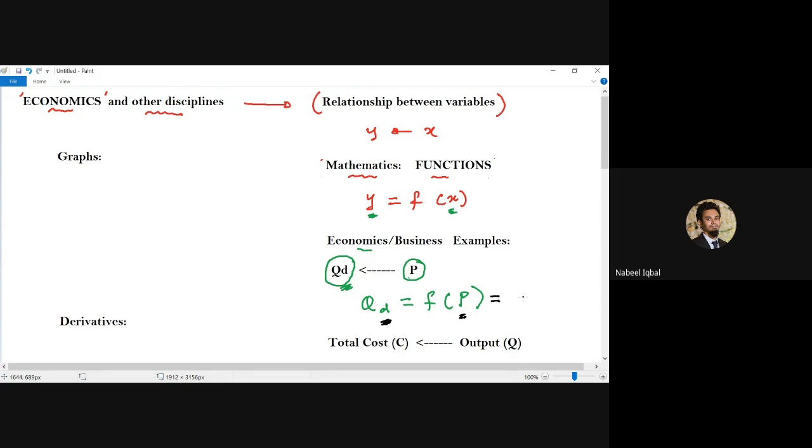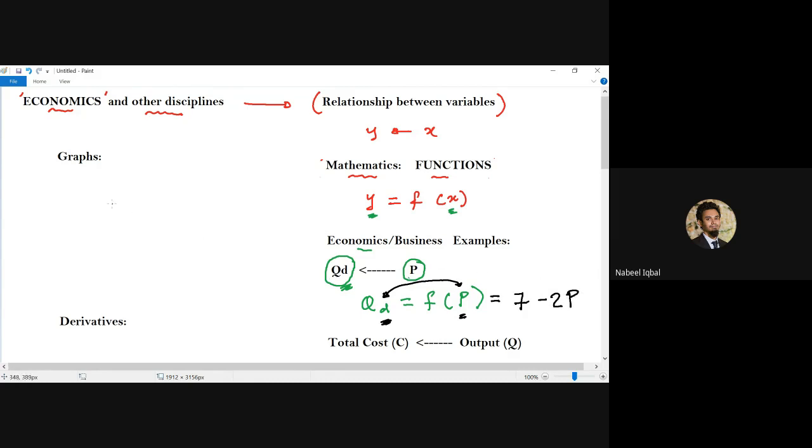In most cases, we assume that the relationship between these variables is linear. In that case, we might use a linear function like this. For example, 7 minus 2p.